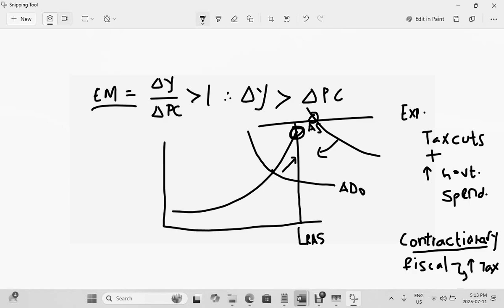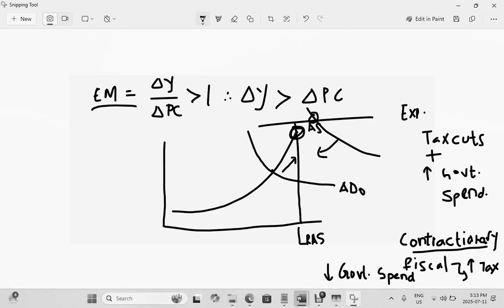Now, apart from that, the government may also reduce spending. And we know that government spending, such as spending on infrastructure like highways, roads, and so on, impacts GDP in a positive way, which means it increases your GDP. If the government goes ahead and reduces spending, it's going to reduce your GDP and aggregate demand, because if you don't have too many roads or highways to drive, people will not have the motivation to drive, because of gridlocks and traffic jams.